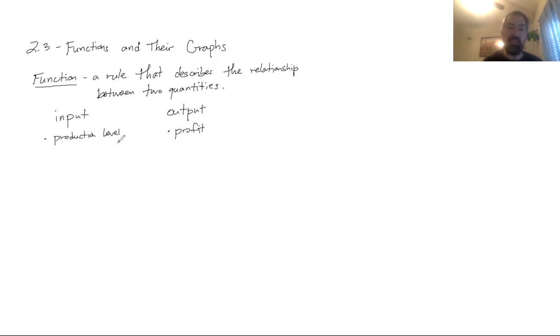So the production level would be the input, the profit would be the output. Another example is time being the input. If you know how much time passes by, then if you input that into the function, you can determine what the population size of a bacteria culture is.